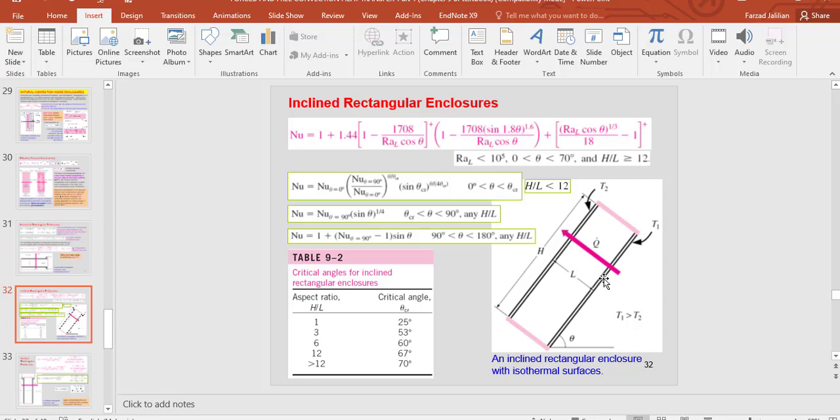So for an inclined rectangular enclosure with the characteristic length like this, which has a tilt angle theta, as you can see here, we can calculate Nusselt number by this equation. In this equation we have Rayleigh number, which you should calculate by the equation I showed you.